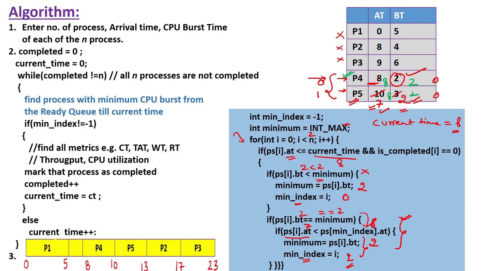Then the process having the lower PID should be selected. So 4 is lesser than 5, that means this process P4 can be selected. You can do it by yourself.